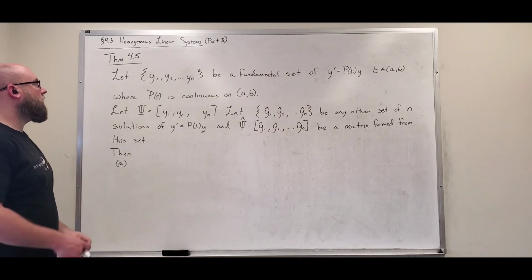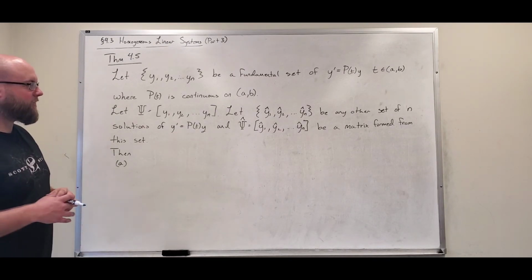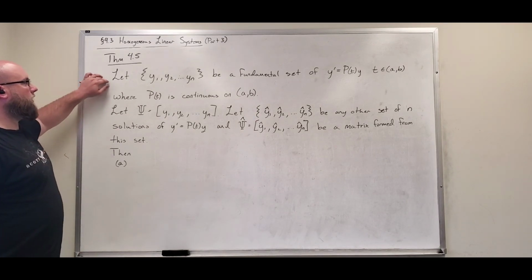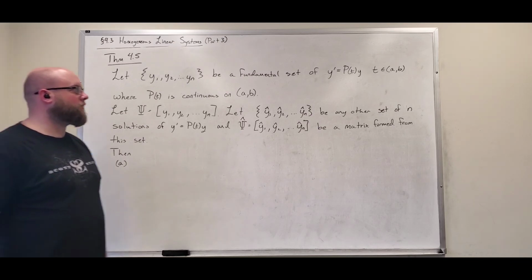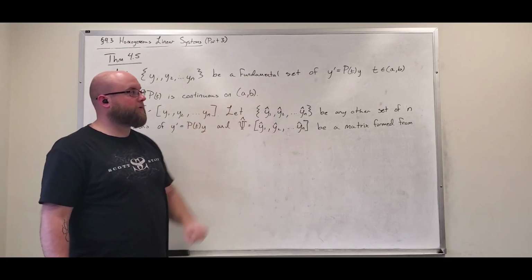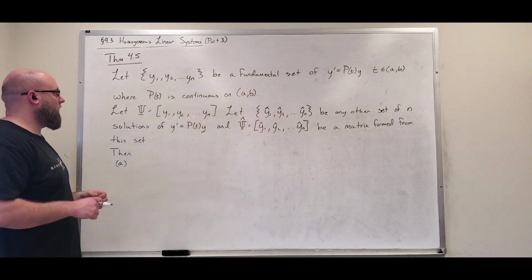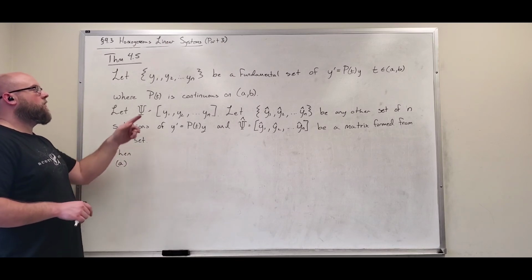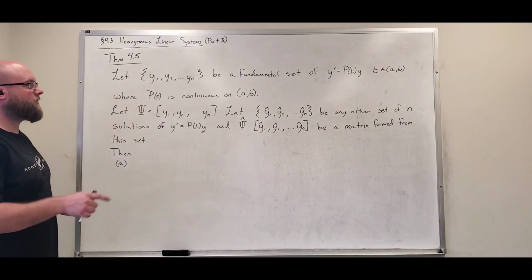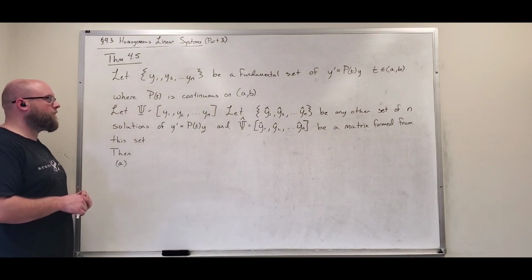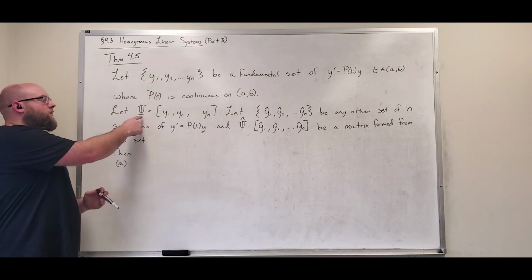So first of all, it has a lot of conditions that we need. So we're going to let the set y1, y2 up to y sub n be a fundamental set of solutions for our linear system on some interval (a, b). Here, P of t is continuous, which is a very important piece to this, that it's continuous on that particular interval. And then we're going to let psi equal that fundamental set.